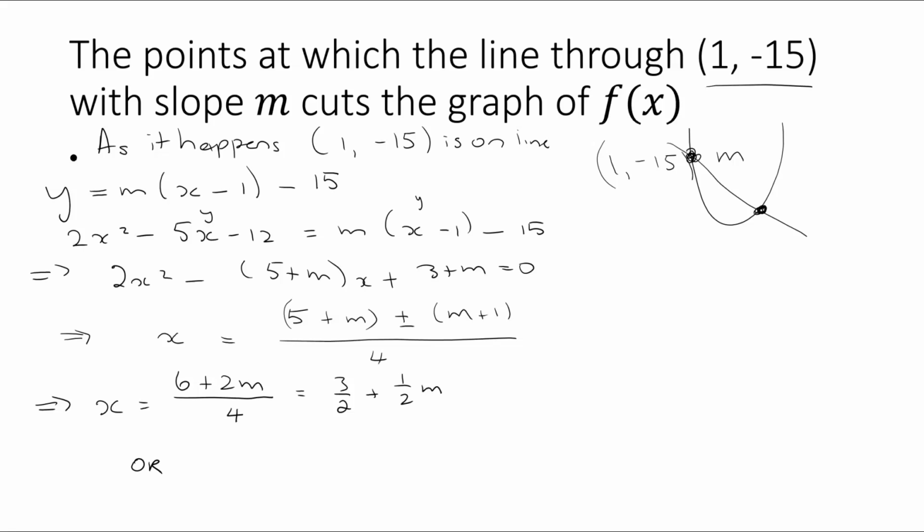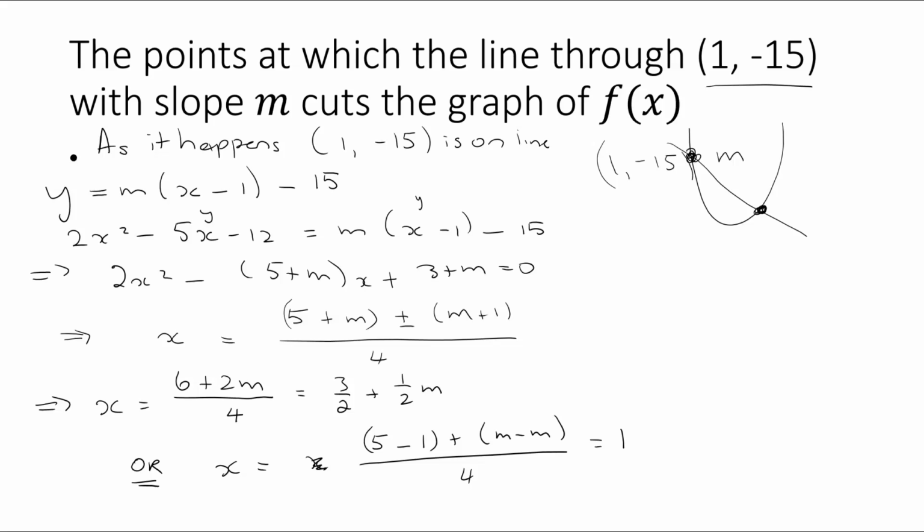Or doing the minus root, then x is going to be 5 minus 1 plus m minus m over 4, which will give you nothing, plus 4 over 4, which would be 1.